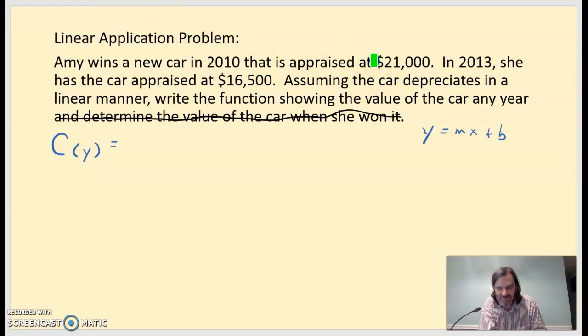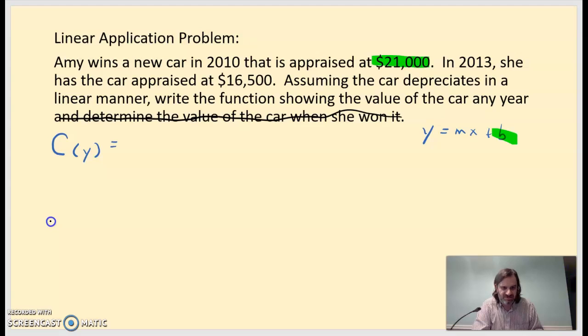There's a starting amount of 21,000. So that would make a good b, and then there's also a rate, but we don't see the rate very clearly yet. We know that from 2010 to 2013, it changed value.